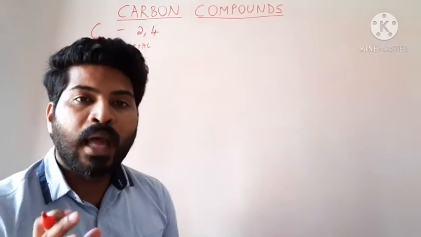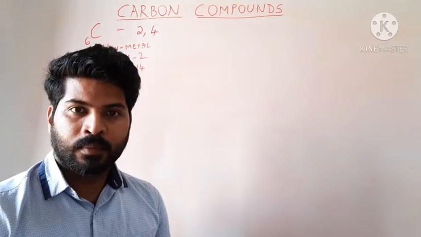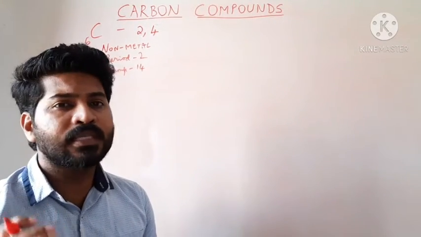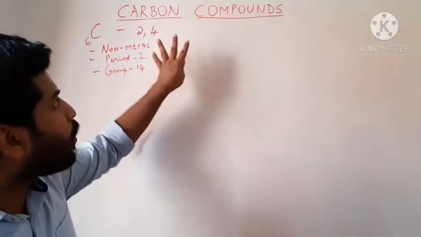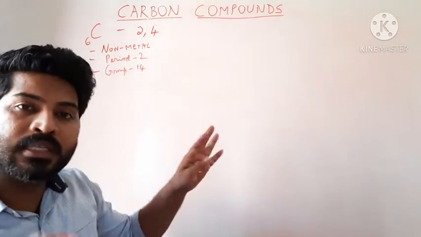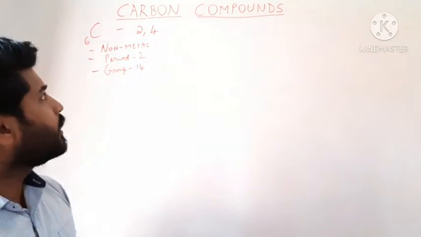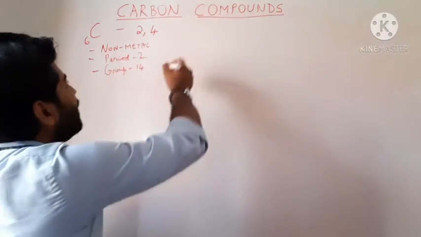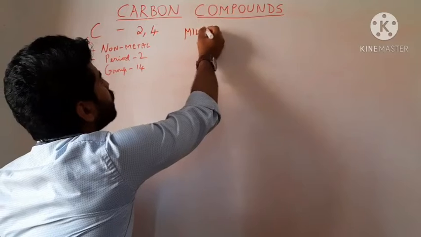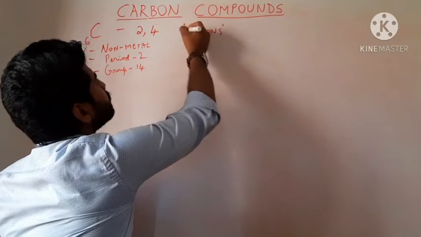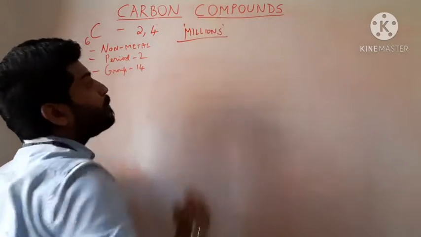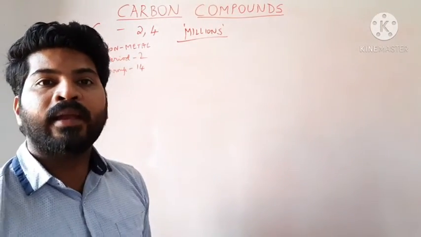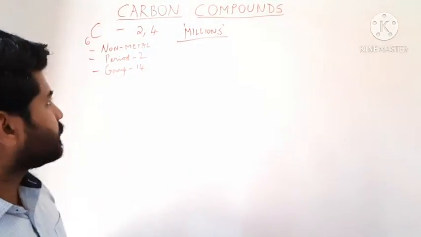Even though the amount of carbon by percentage is very small, the importance of carbon is huge. This is because carbon forms millions of compounds which are of structural and functional importance.